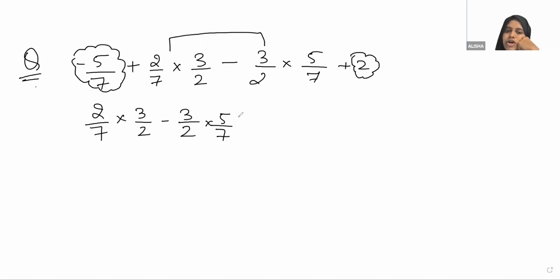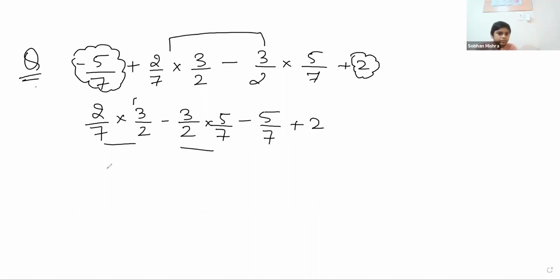So what will I write here? Minus 5 by 7 plus 2, right? Now what can you see common in these two expressions? 3 by 2. Now I will take 3 by 2 as common only from this and this. I cannot take common from 5 by 7.